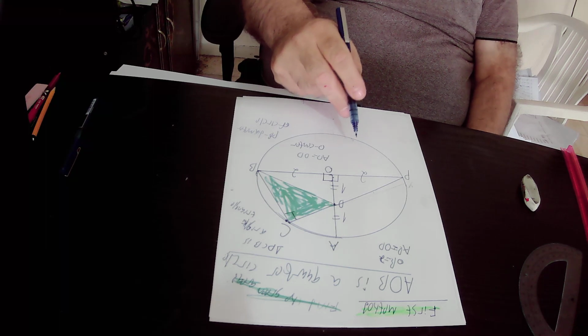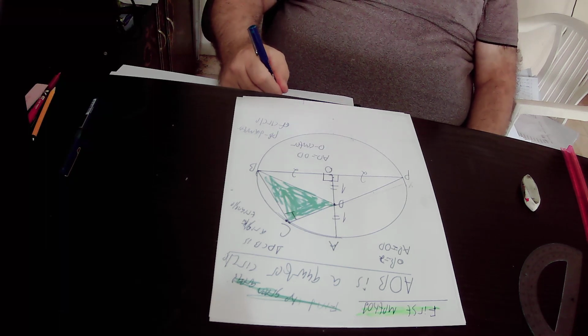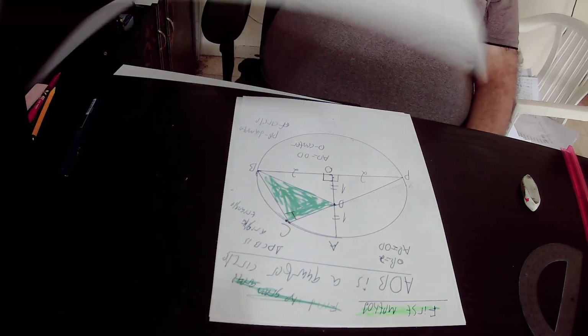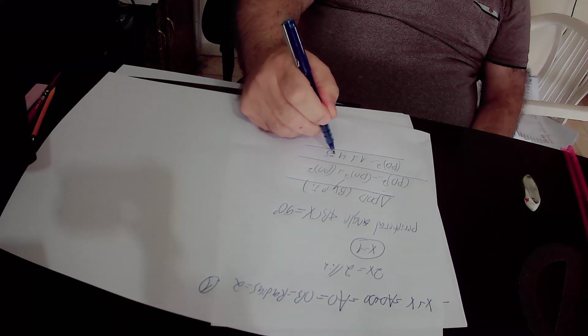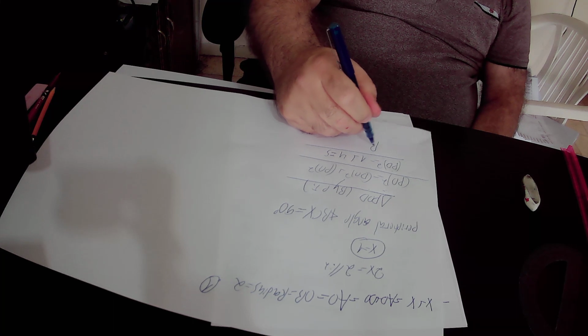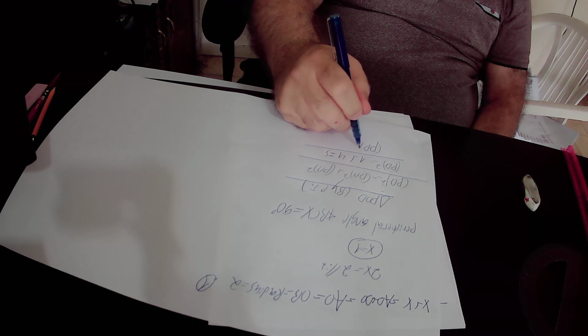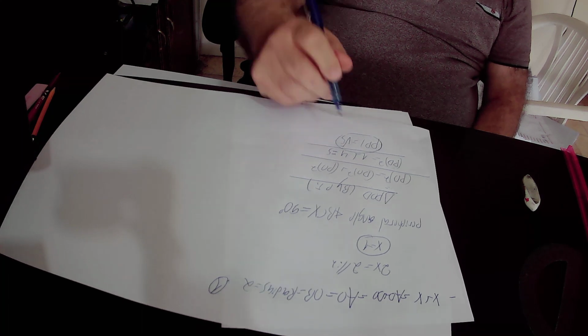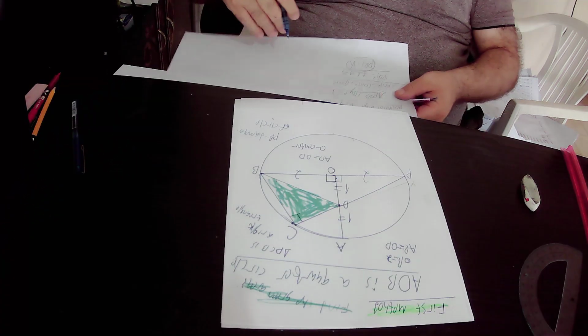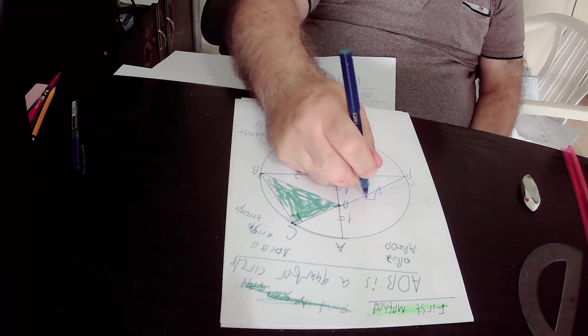PO is 2, so PO square is 2 square, that is 4. So we found that PD square equals 1 plus 4, that is 5. Taking the square root, we find that PD equals the square root of 5 units.